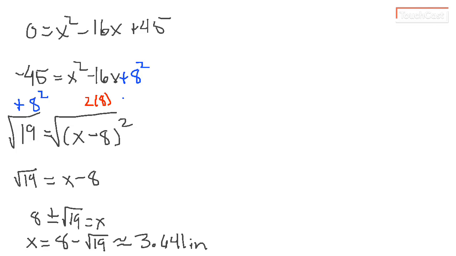So now what we're going to do is, we found the amount. That was one of the things we needed to do. Find the amount that we're going to cut out. The next thing we need to do is we need to find the volume. So we need to find the V of 3.641.